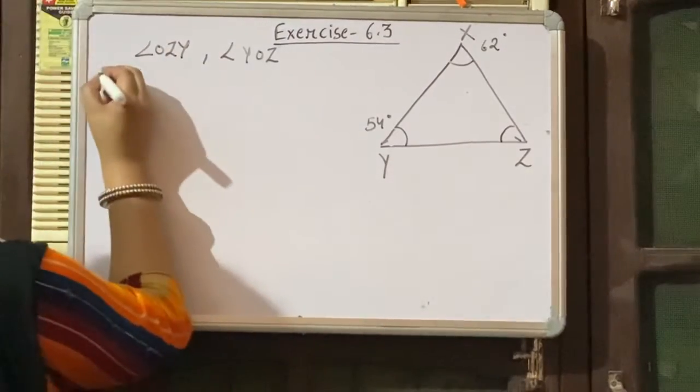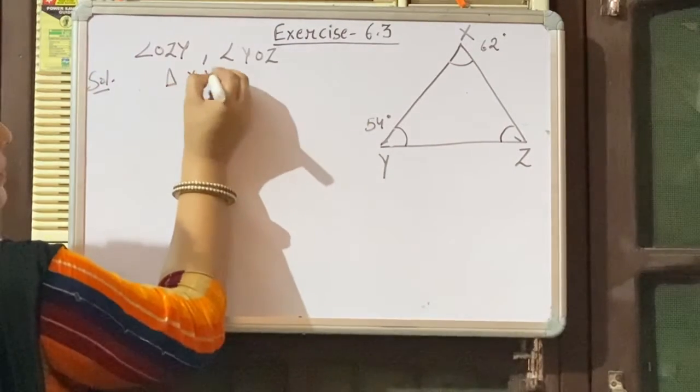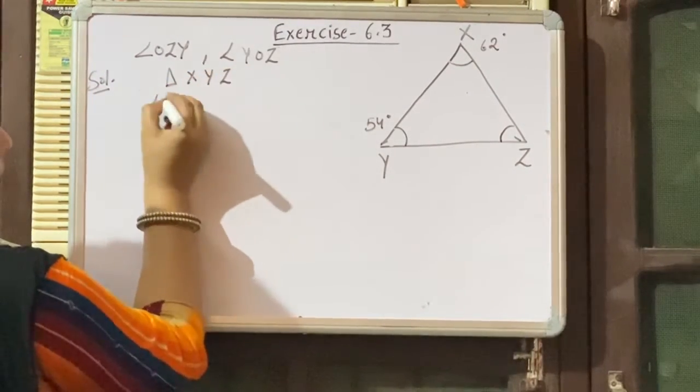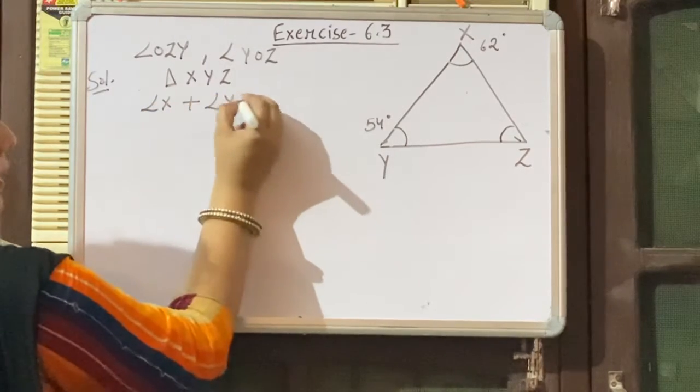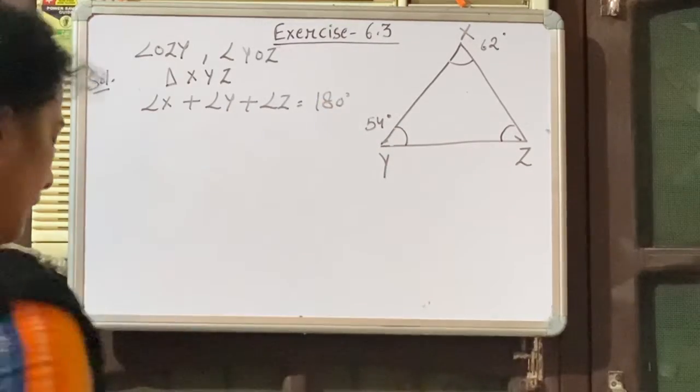So here we can write that in triangle XYZ, angle X plus angle Y plus angle Z is equal to 180 degree.